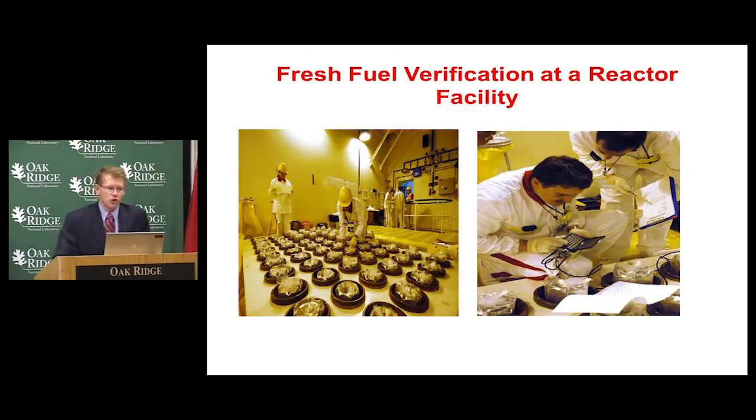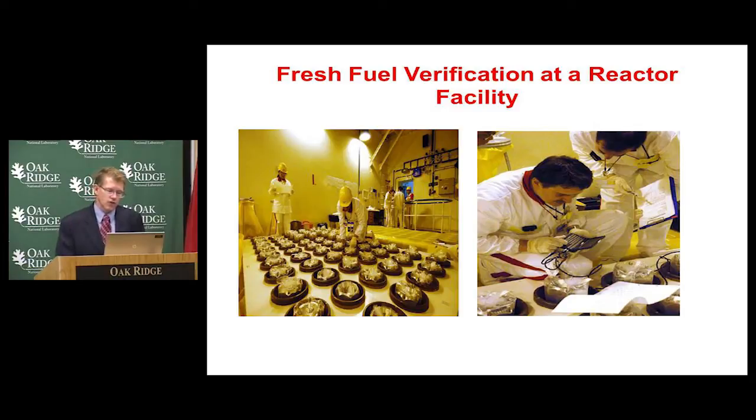A couple of pictures showing fuel fabrication at a research reactor. You can see IAEA inspectors going there themselves to independently verify the identification of individual items, serial numbers, item numbers, to make sure inventory lists that are provided by the facility are, what did we say earlier, both correct and complete, that the numbers on the information provided to the agency match what is actually present, and that numbers for every item are provided.